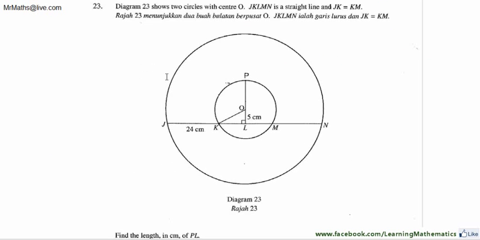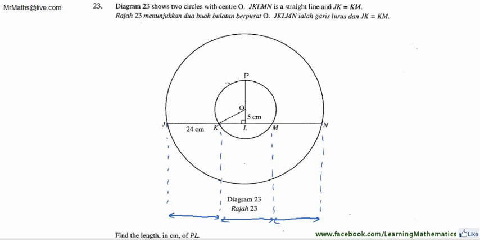If you can see, this length over here, I just put down a broken line as a reference. All these three lengths are the same. JK is equal to KM, and thus it must be equal to MN then. They are the same.